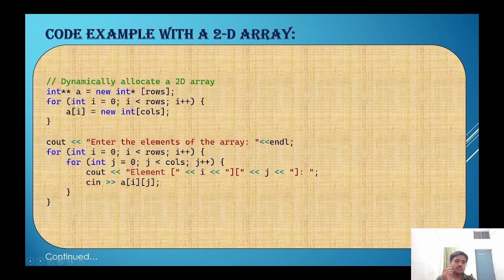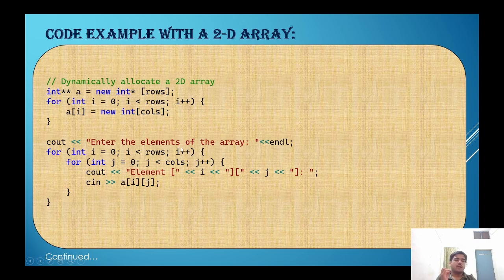In the subsequent step, this for loop, for each and every row we define a new memory of size cols, and this memory is allocated dynamically from the heap. So basically it is a rows times columns matrix, a two-dimensional matrix. This whole template represents the memory allocation for the 2D array or matrix.